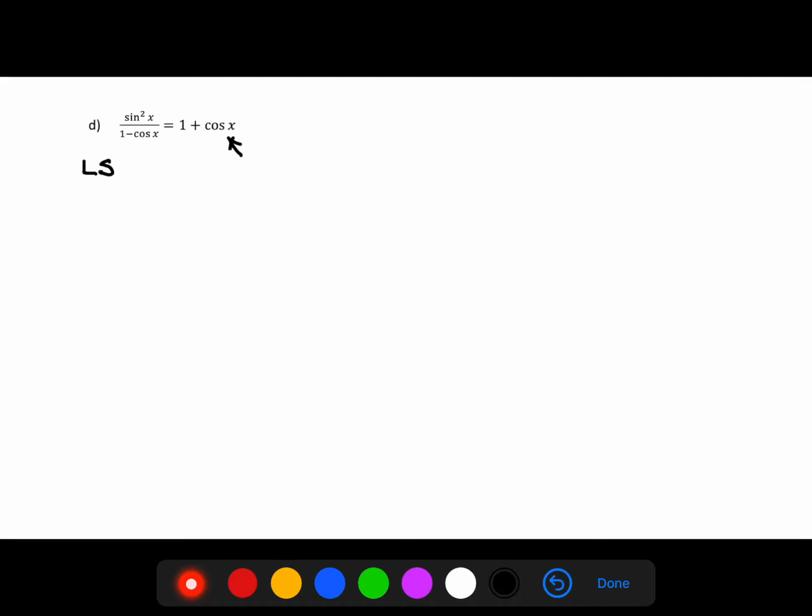Part D, sine squared x over 1 minus cos x equals 1 plus cos x. So our right-hand side, again, doesn't have anything at this point to simplify. So we're going to look again at our left side. Now, we notice that our right side only has cos.